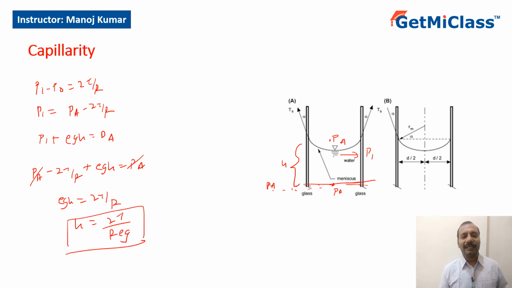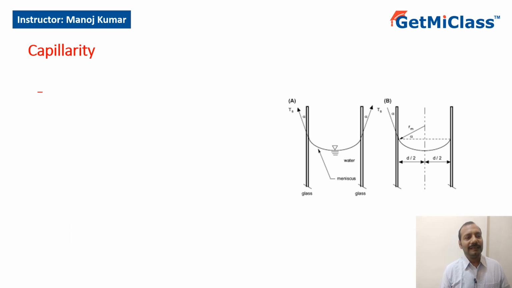Here I have not considered angle of contact. If I consider angle of contact, instead of T it becomes T cos theta, because only T cos theta is acting upwards, whereas T sin theta is acting in this direction. So if angle of contact is considered, H equals 2T cos theta by R rho g.